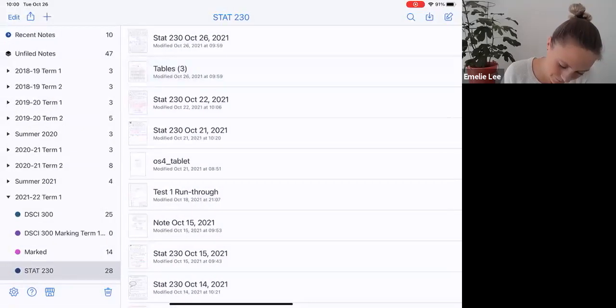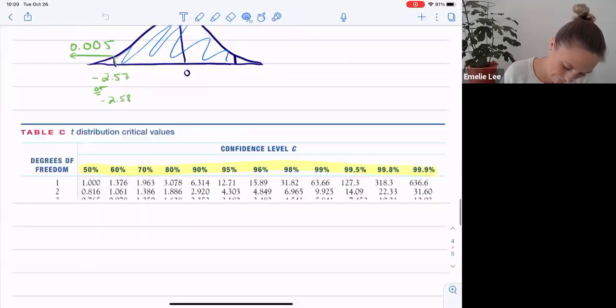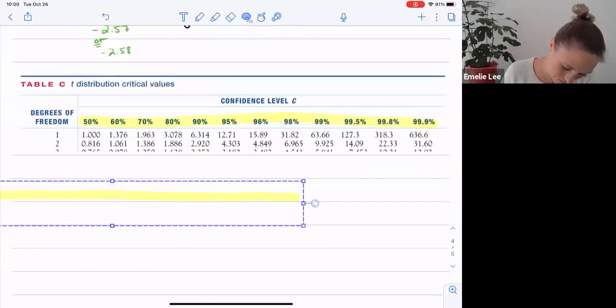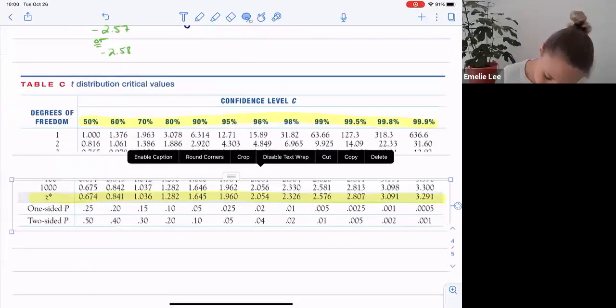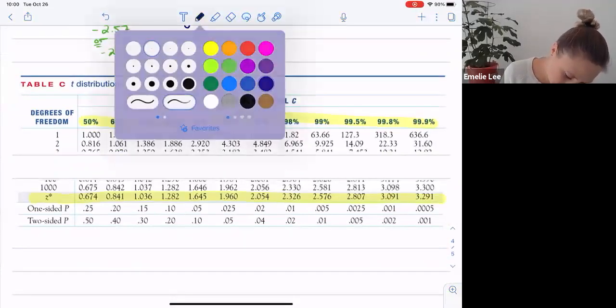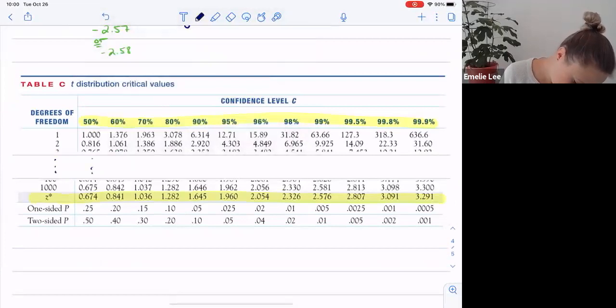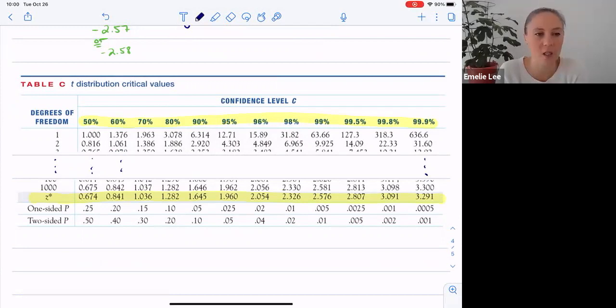Copy, paste. Make sure they line up here. You can see they all keep going.